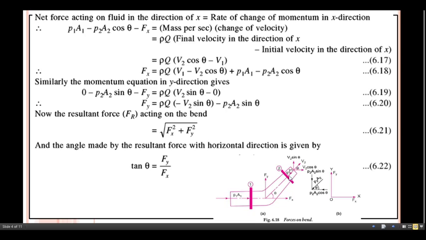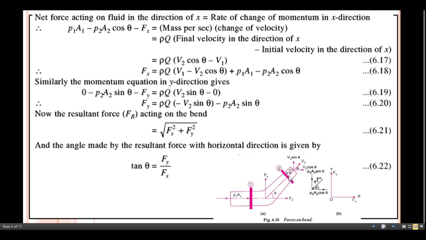At the same time, the component of P2 A2 in the horizontal direction is P2 A2 cos theta. This component acts in the opposite direction, towards the negative direction.